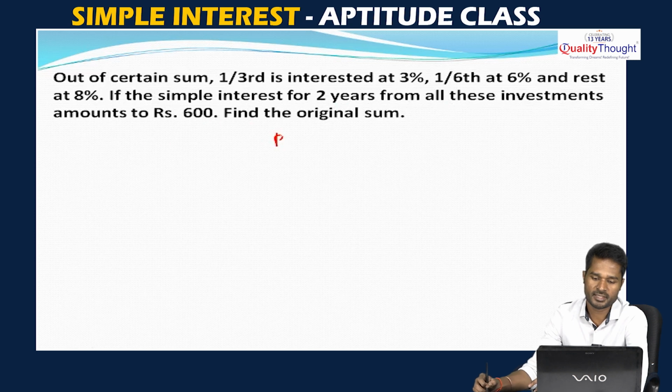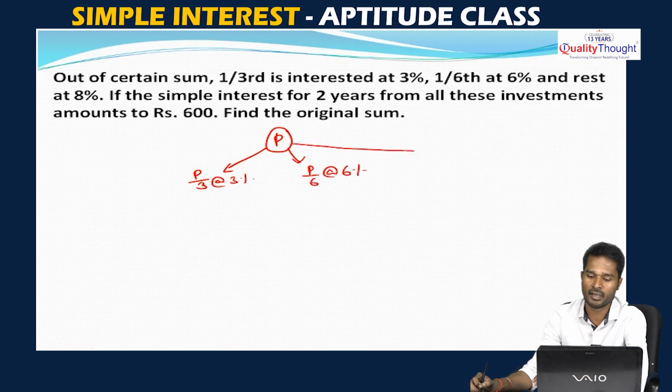So, consider there is an original sum P. From this sum, one third, that means P by 3 of this sum, is invested at 3 percent. From this, P by 6 at 6 percent and the remaining, what is the remaining? Total is P minus (P by 3 plus P by 6).